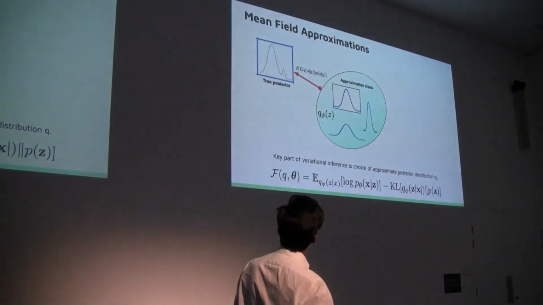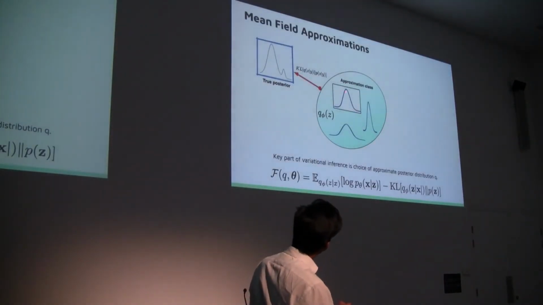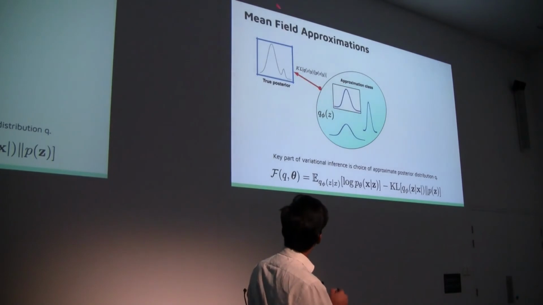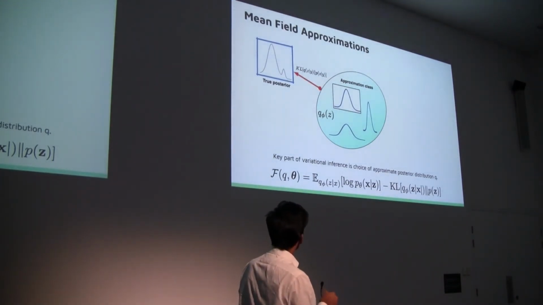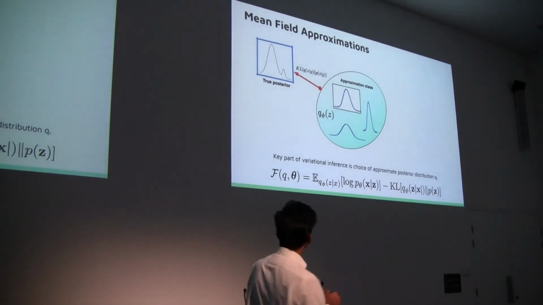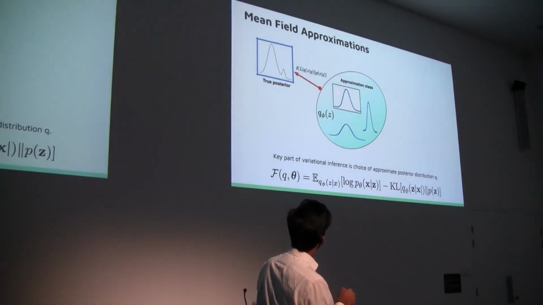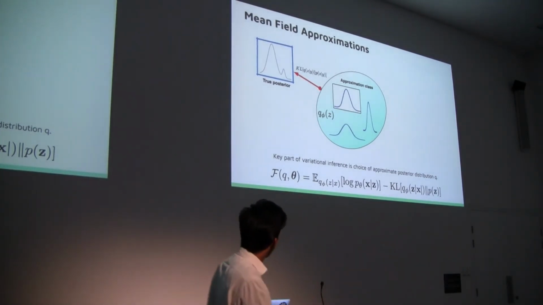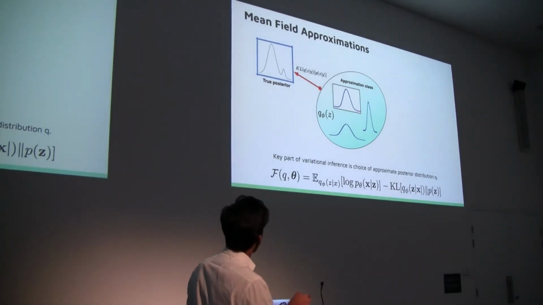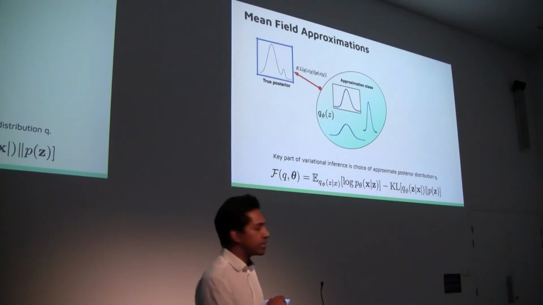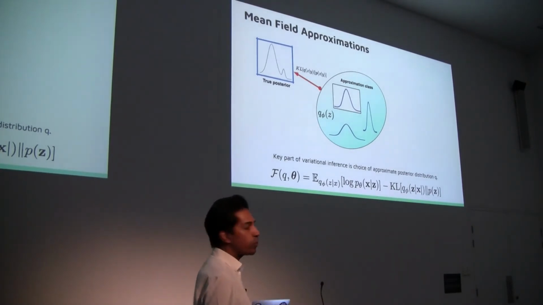So this is the problem of variational inference. You have a true distribution which you don't know, and you're going to choose some simpler class of distributions Q that you're going to search in to try and find the best match, and you're going to try and minimize this variational free energy to do that. So now, how can we parameterize this class of distributions so that we can get as close as possible to the truth?